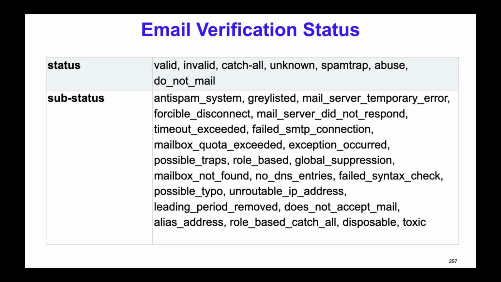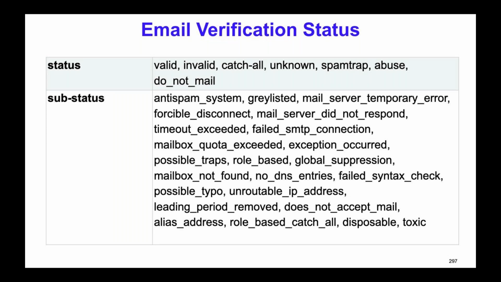Unknown meaning, for some reason, we are unable to validate this email address, maybe because the server is down, whatever reason, that's called unknown. Spam trap is a trap to identify the spammers.